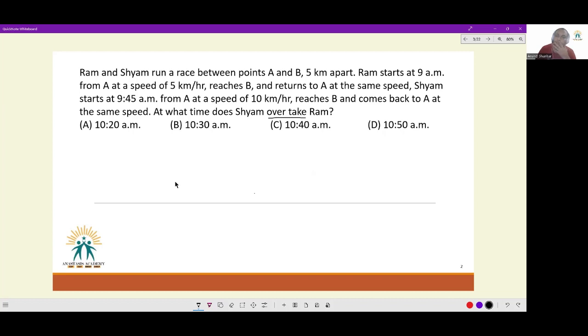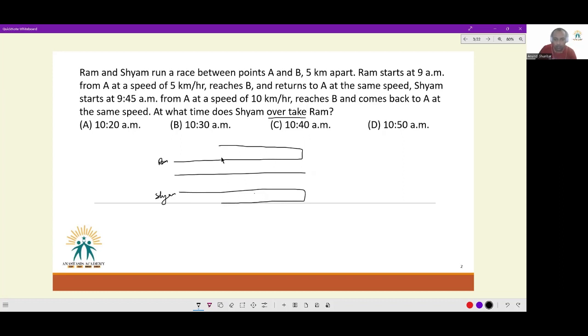Okay. Now see, diagrammatically, you can think of this as Ram is running this way and coming back somewhere here. This is Ram, and Shyam is moving this way, running this way and coming back. The point where the distance traveled by both of them becomes identical, that is the point where Shyam will overtake Ram.